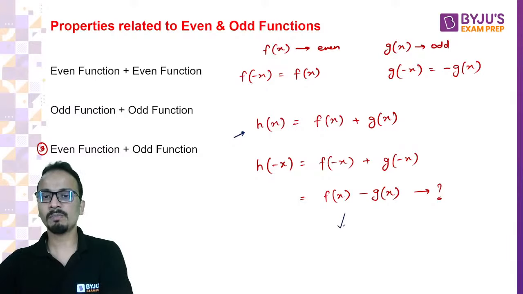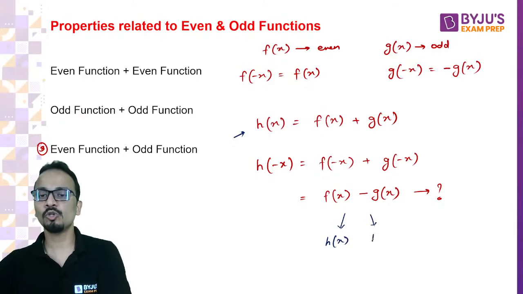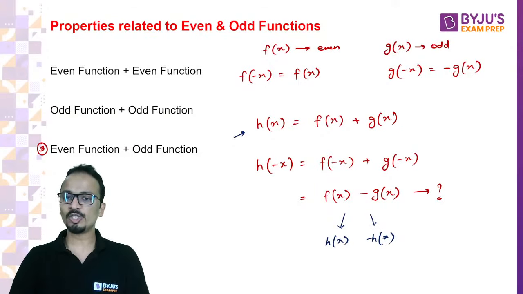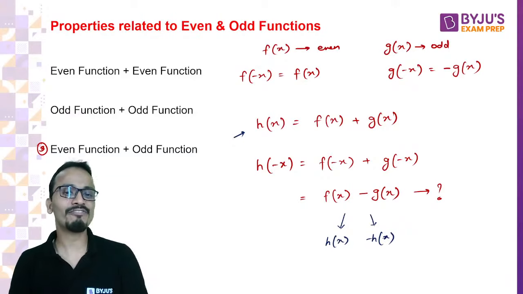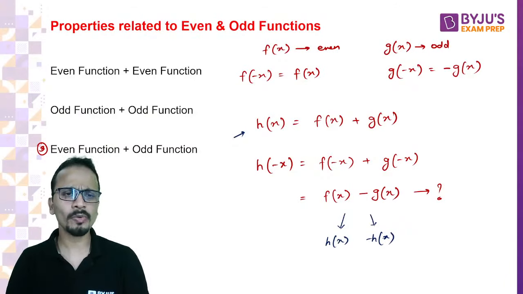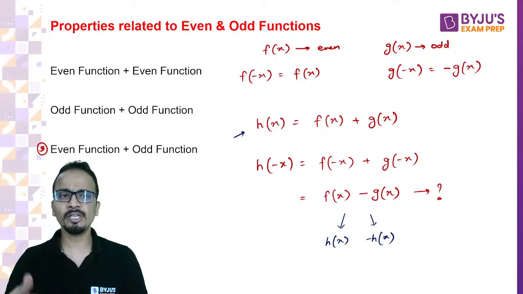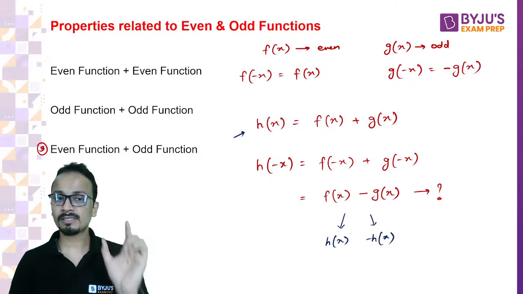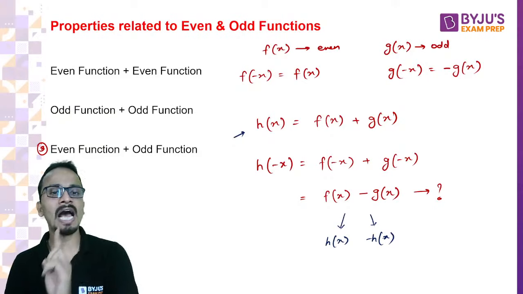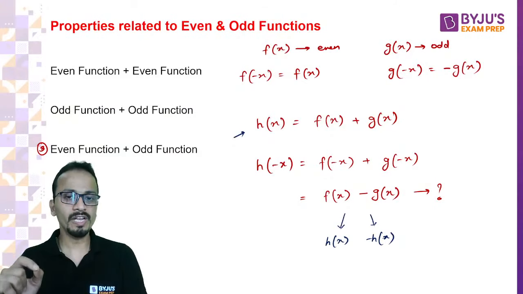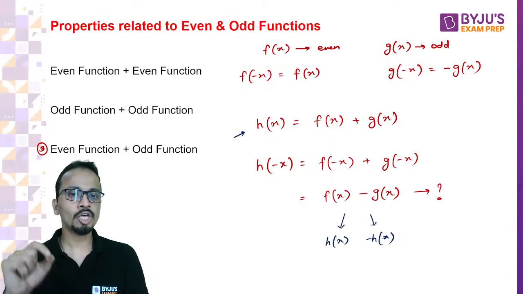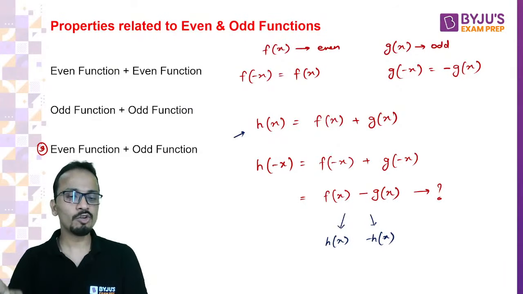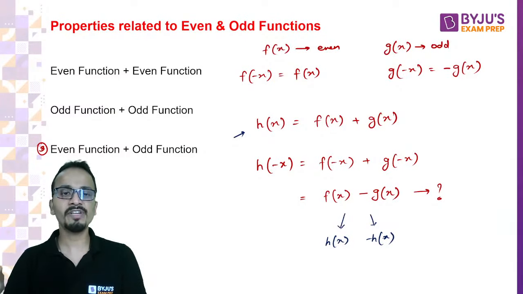Okay, so this part is not equal to hx and is also not equal to minus of hx. So I can say that this particular function is not showing the property of an even or odd function. So we can say that the sum of an even function and an odd function will neither be even nor be odd.